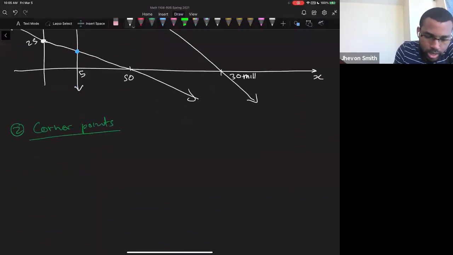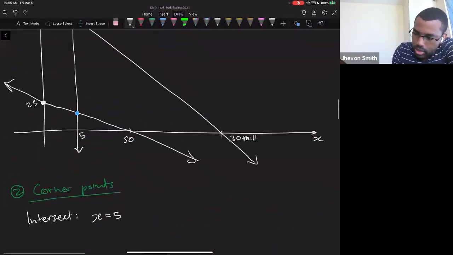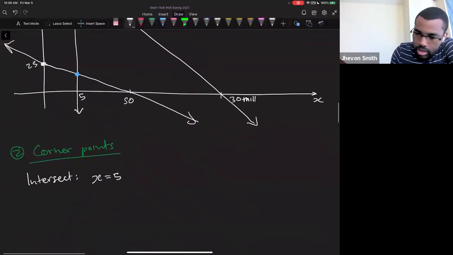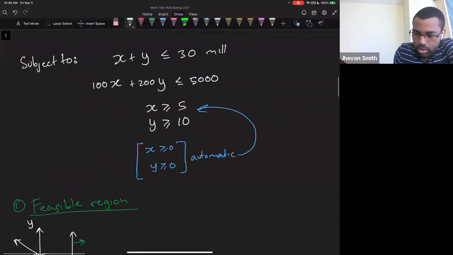So I want to intersect x equals 5 with, I should have been labeling these, x plus y equals 30 and 100x plus 200y equals 5,000.